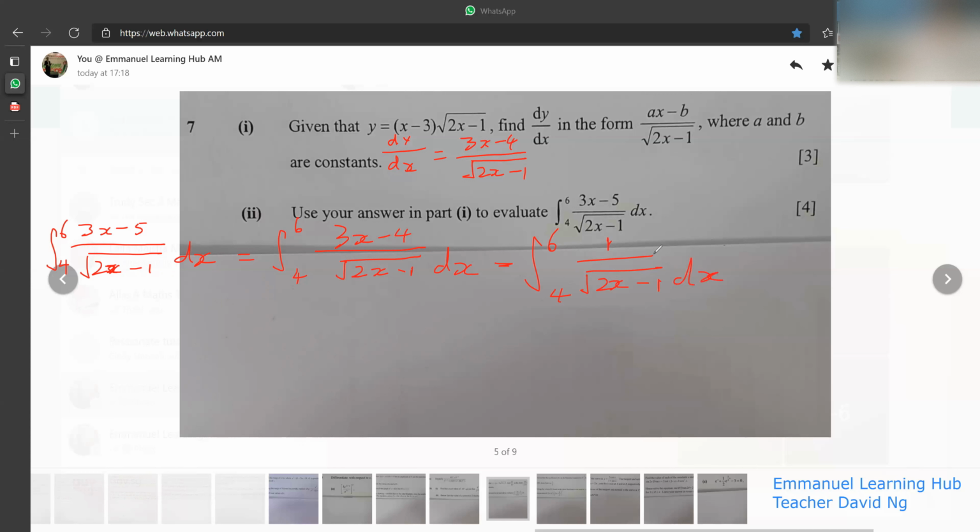Understand? Minus 4 minus 1 more becomes minus 5. I break it into 2 parts. Then I integrate this guy here, I'll get back this. Because I differentiate this fellow, I get this. So I integrate this fellow, I'll get back this.